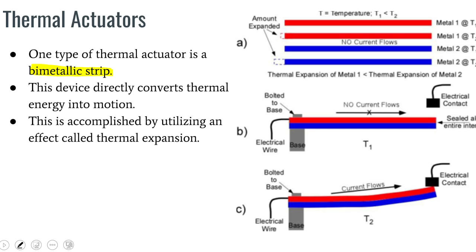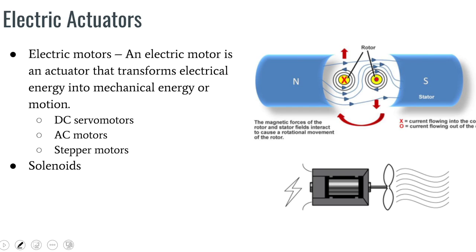Depending on the change in heat, they may make movement and make contact. You may find this in simpler things like electric kettles. So here it uses thermal energy and converts it into a motion. By that reason, we can identify that as a thermal actuator.